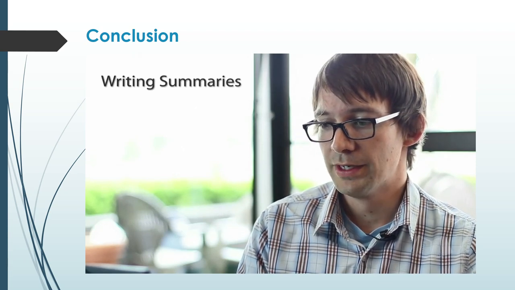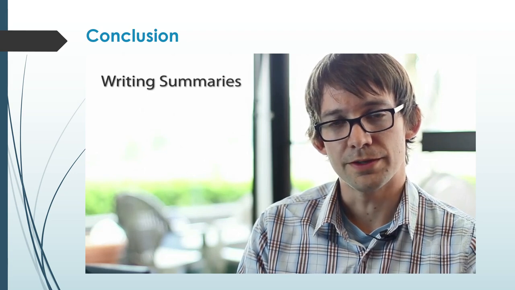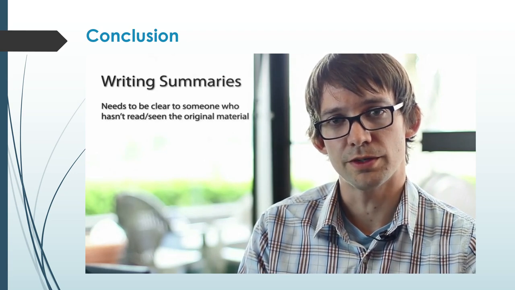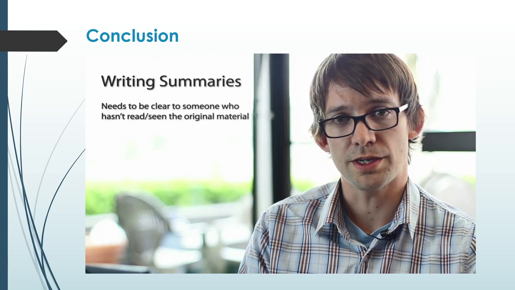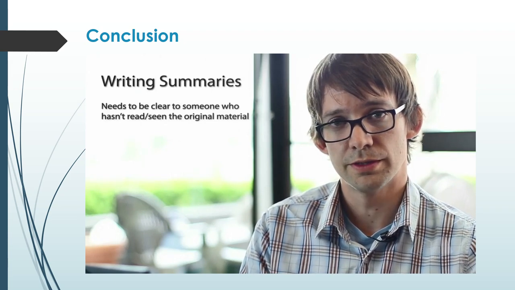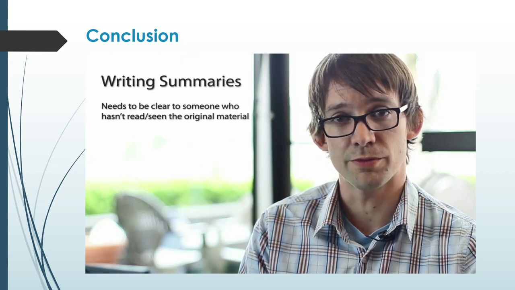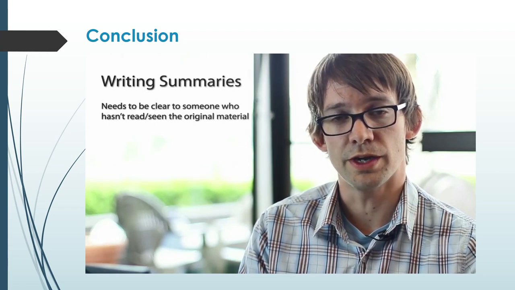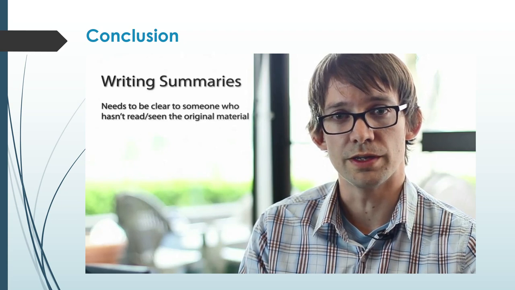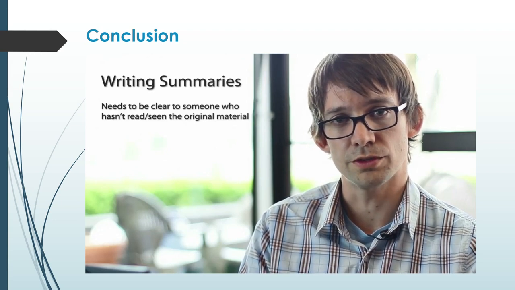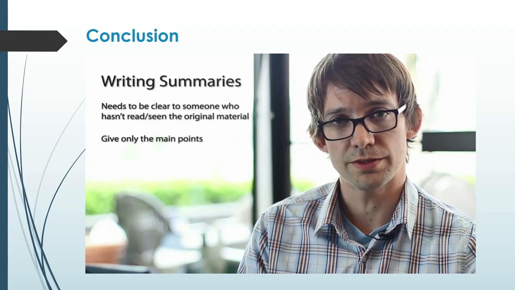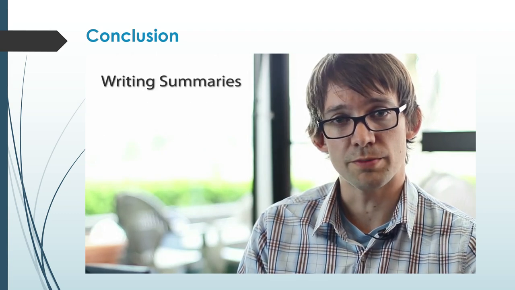All right, now it's important to remember that a summary needs to be clear to someone who has not read, seen, or heard the original material. Now you have to include all of the essential information that a person would need to understand without reading the original source. So you have to include all of the main points. Now that's pretty much what a summary is.